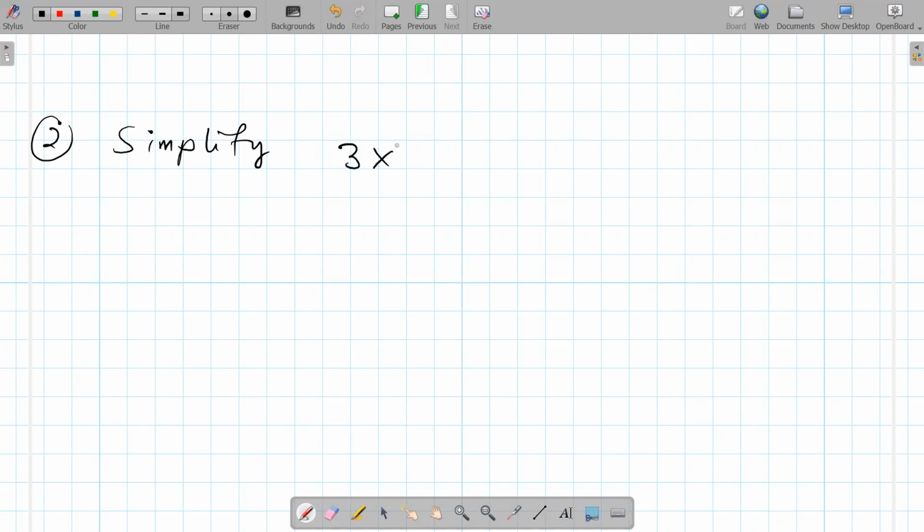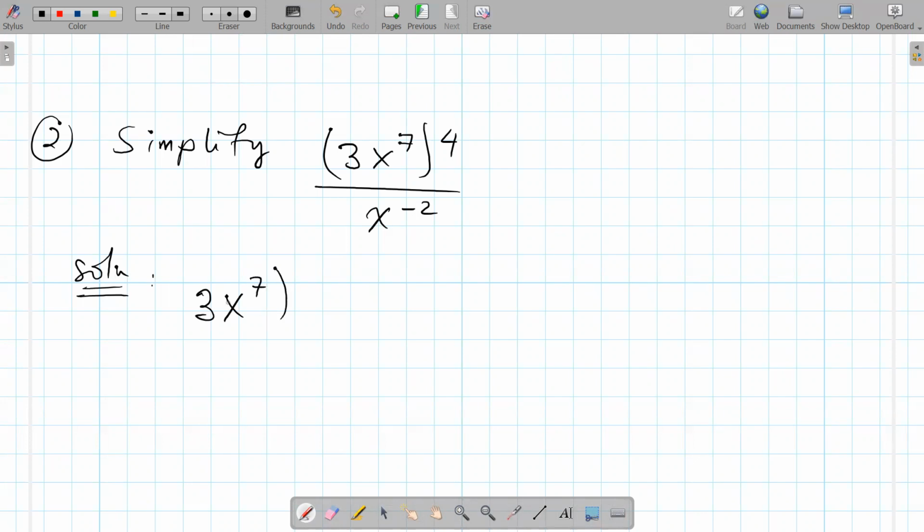Three x to the 7, all raised to 4, divided by x to the negative 2. So (3x^7)^4 all over x to negative 2.